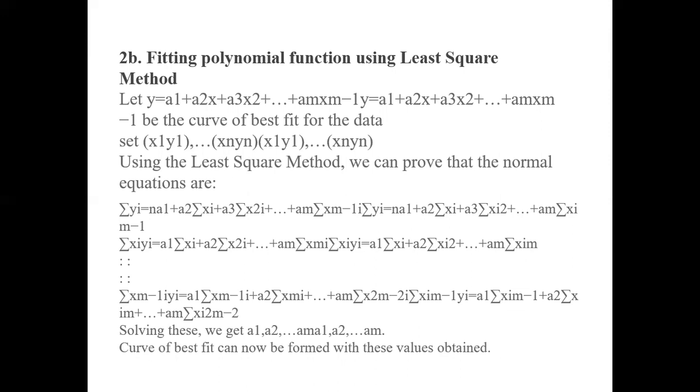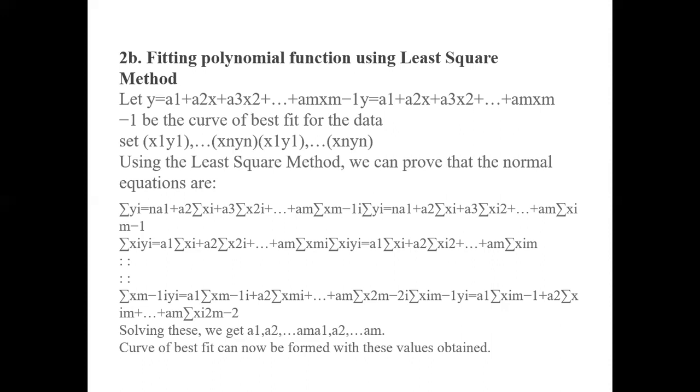Summation of xi yi is equal to a1 summation of xi plus a2 summation of xi square plus a3 summation of xi cube, up to the summation of xi to the power m minus 1 into yi is equal to a1 summation of xi to the power m minus 1 plus a2 into summation of xi to the power m, and so on.